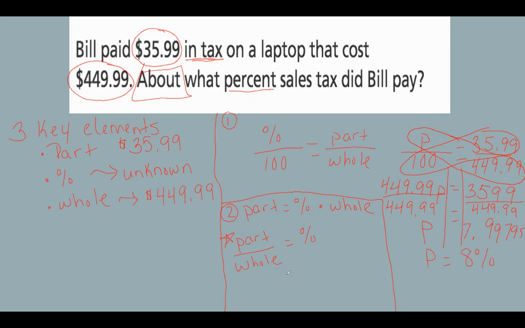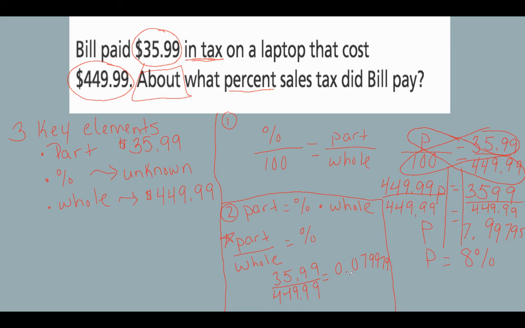So your part, $35.99 divided by 449.99. Pop that in your calculator, ladies and gentlemen, and you get 0.079979, blah, blah, blah.